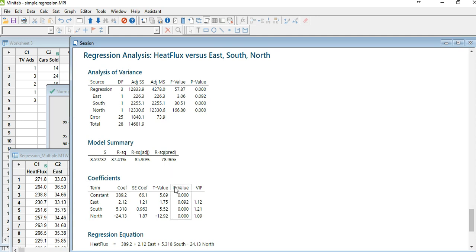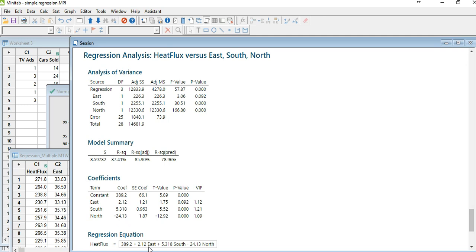On the other hand, the p-value for the coefficient corresponding to east is 9.2%. So if you use a level of significance of 5%, then you will fail to reject the null hypothesis. You will claim that the coefficient of east is close to 0.